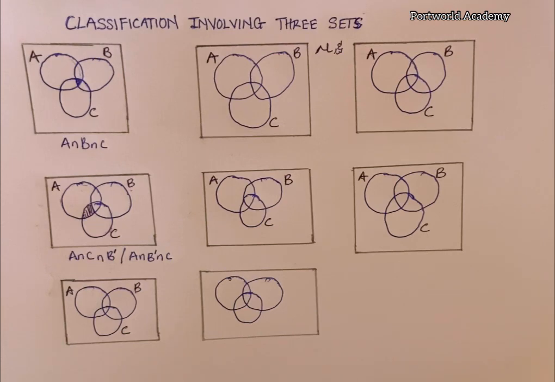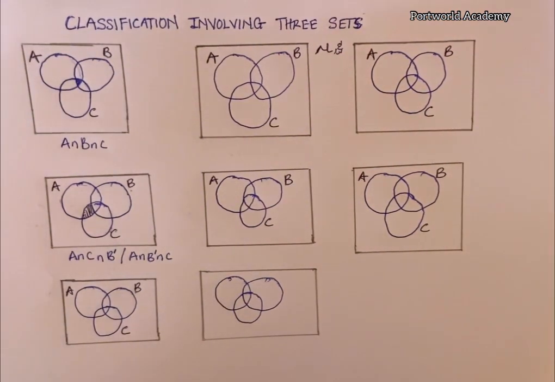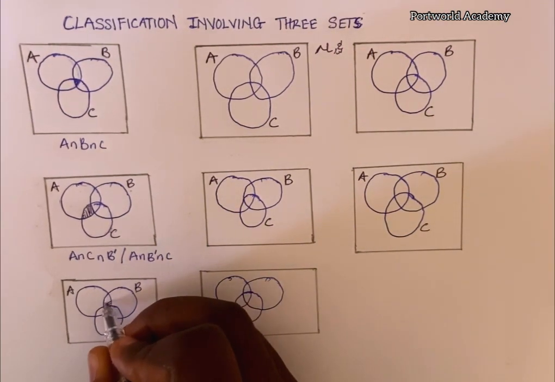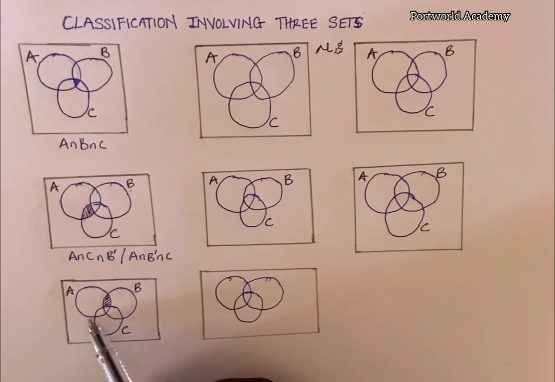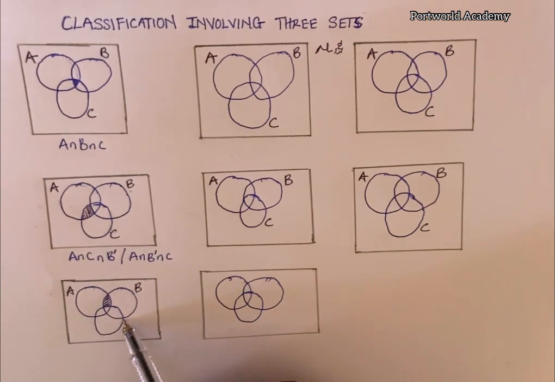So let's move to the third box here. The third box that I'm having here, let's say I have this part shaded. So what does that mean? The case is almost the same as this case here, because if you check each circle, circle A is involved, circle B is also involved, but circle C is not involved.